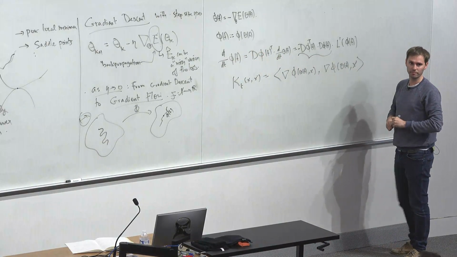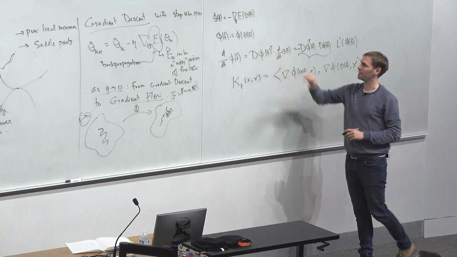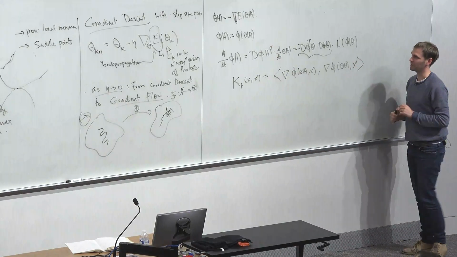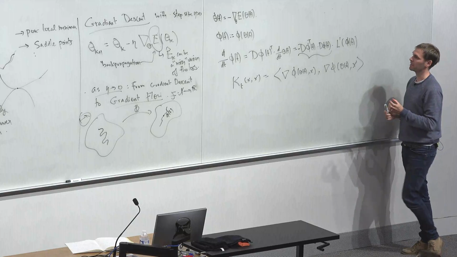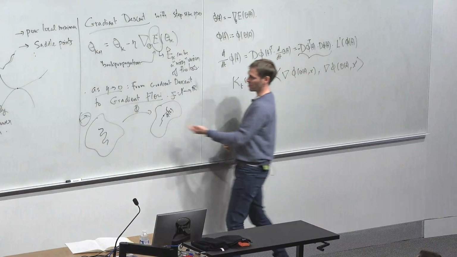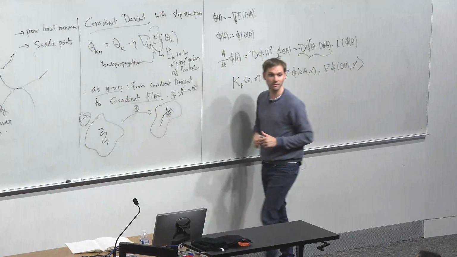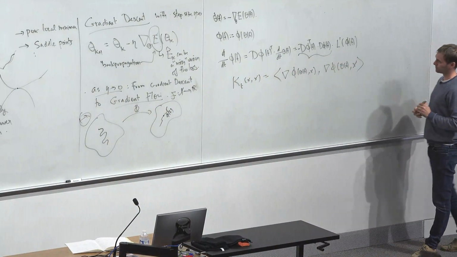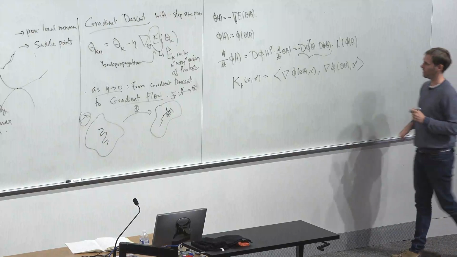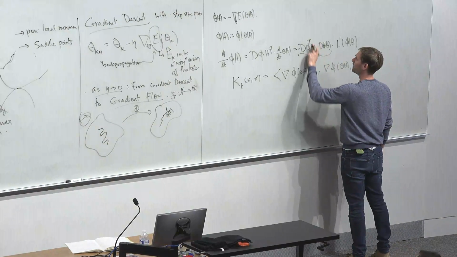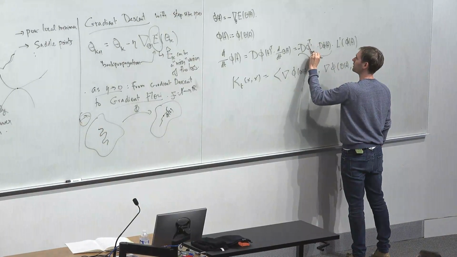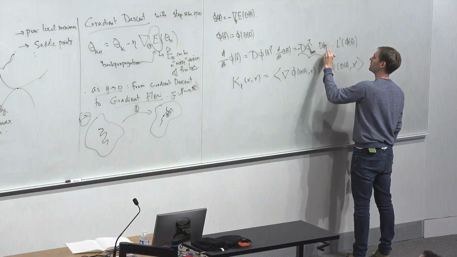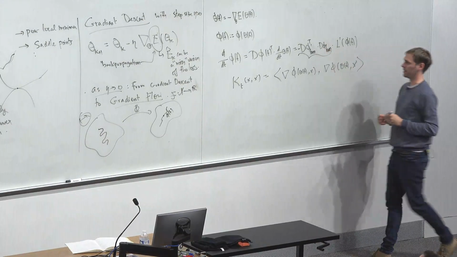It's an overload of notation, and I agree the notation might not be very clear, but it's the Jacobian of the function at time t. It's d of phi evaluated at theta of t, if you want. That's more precise. Thank you.